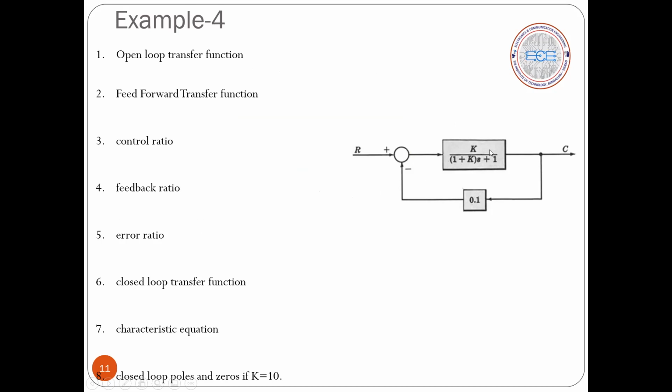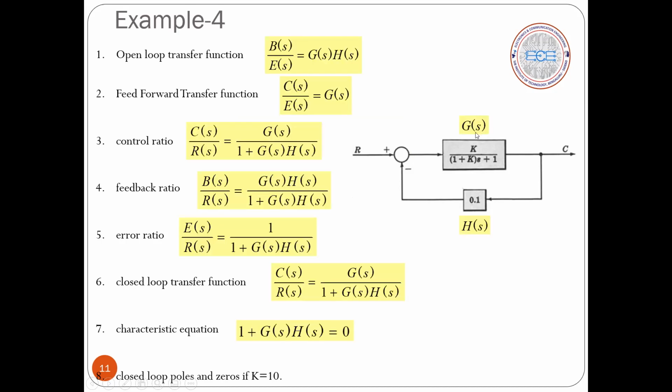Here you have a forward path, and here you have a feedback path. I will call this block G(s) and this block H(s). As we know, the input enters here, here we get the error signal, and this is the controlled output C we have.